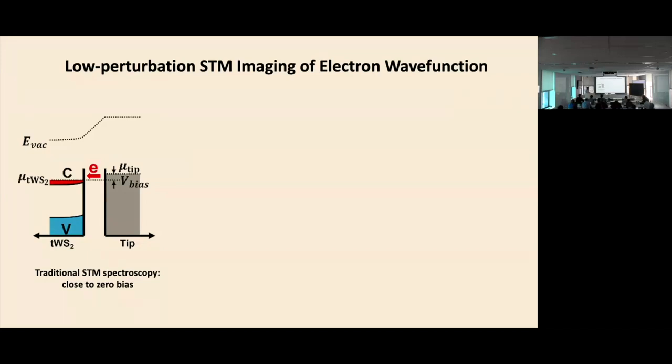But conventional scanning tunneling microscopy, which is well developed in studying metallic states, usually uses a very small bias between the tip and the sample, and then you probe low-energy physics, and basically the dI/dV curve tells you the effective density of states. However, this kind of probe doesn't work very well for semiconductors or 2D semiconductors.